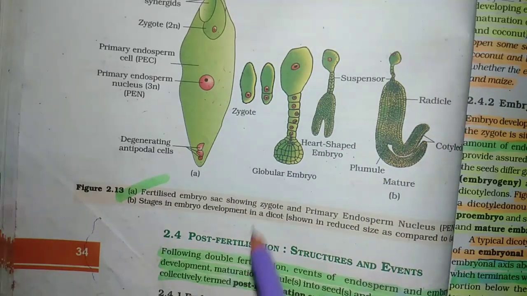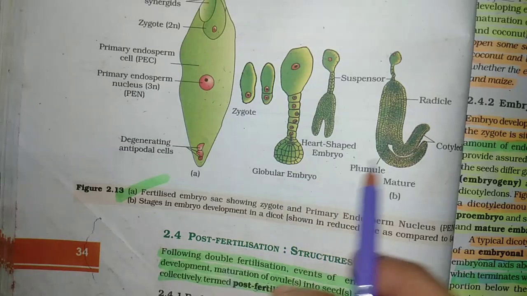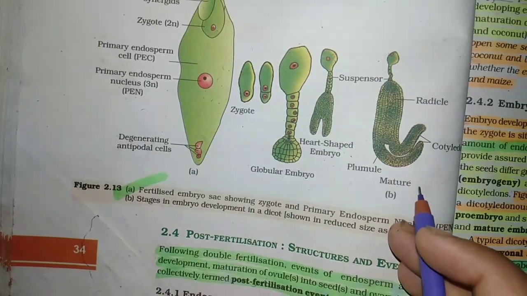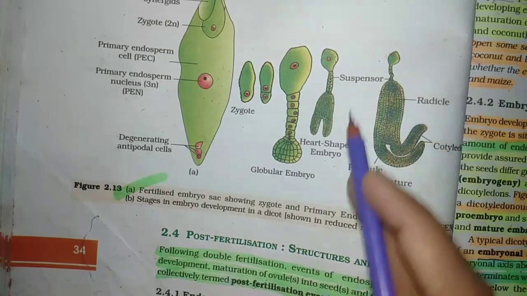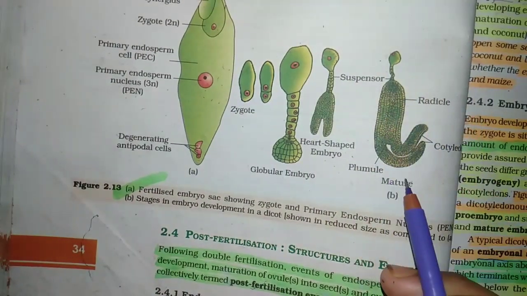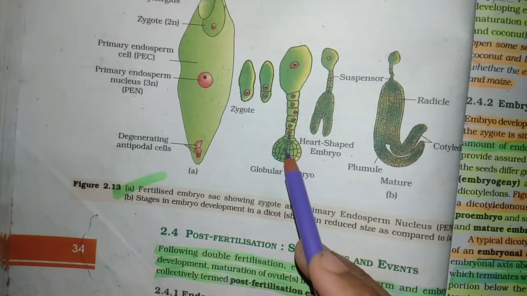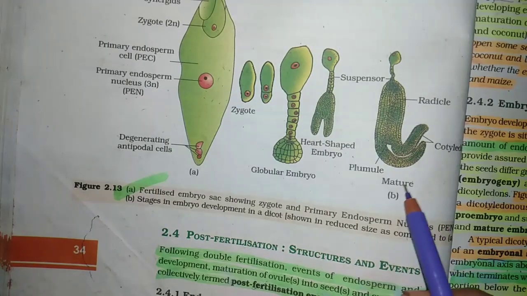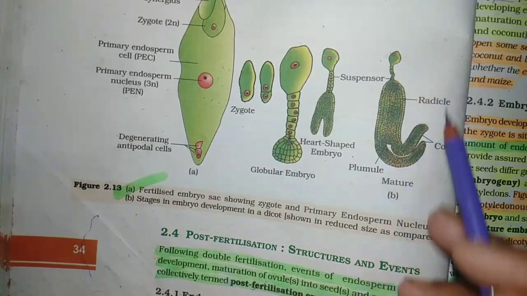In dicotyledon embryo formation, this is globular, then heart shape, and the mature structure.